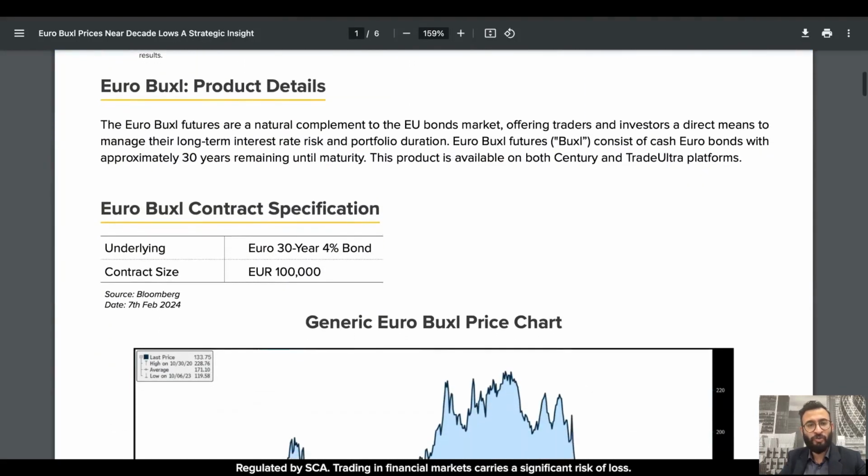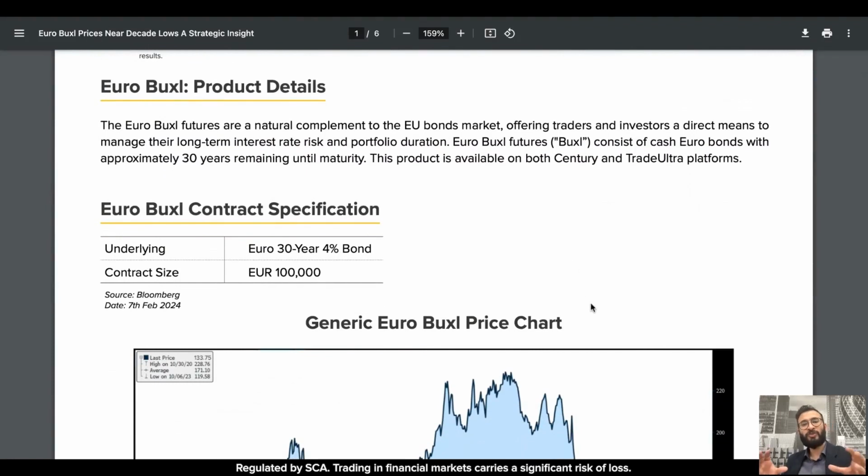Let's understand what Euro Buxl is. The Euro Buxl is a natural complement to the European Union bonds market, offering traders and investors a direct means to manage their long-term interest rate risk and portfolio duration. What does this basically mean? That Euro Buxl is like a basket which has a lot of euro bonds whose maturity is mostly 30 years.